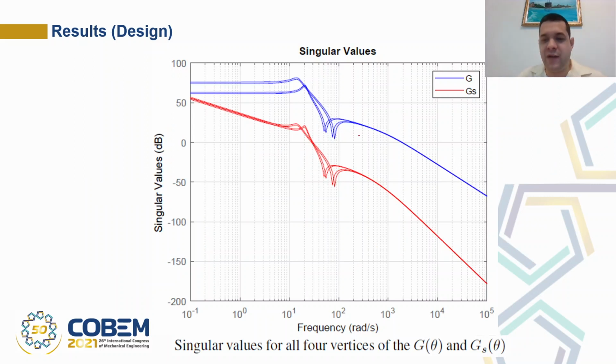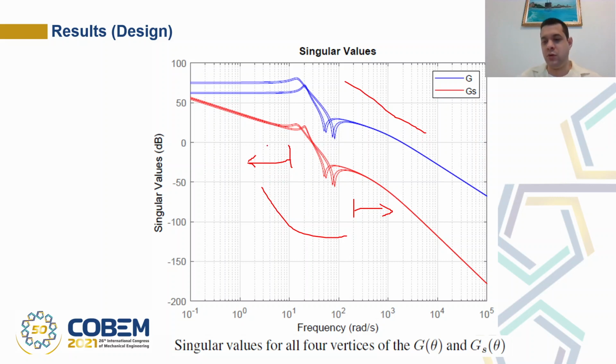These are the singular values of all four vertices of the non-shaped plant in blue and of the shaped plant in red. Note that the behavior of the shaped plant is identical for all vertices at low frequencies, less than 10, and at high frequencies, above 200.